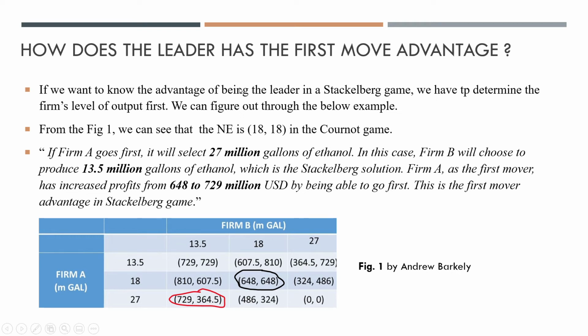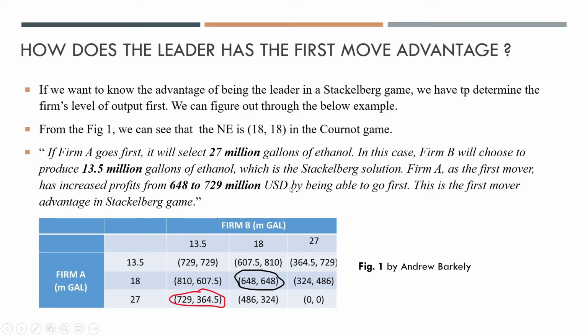We can see an example from an online resource below to better understand how it all works. First of all, from the previous knowledge, you can already find in this table which one is the Nash equilibrium. I use the black line to circle it: it's this one, right? So both firms choose 18 and get this payoff.